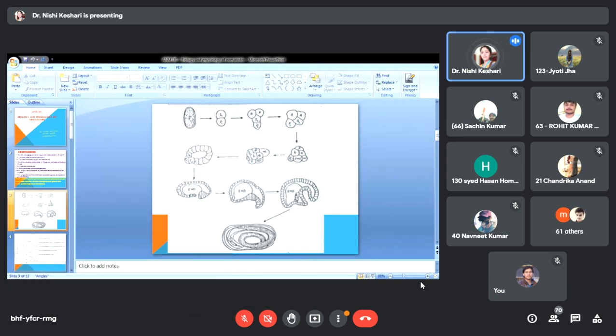So now you have this eggshell, and from this eggshell to finally a juvenile, that is a nematode. This is the first stage juvenile, which is embedded in an egg membrane.